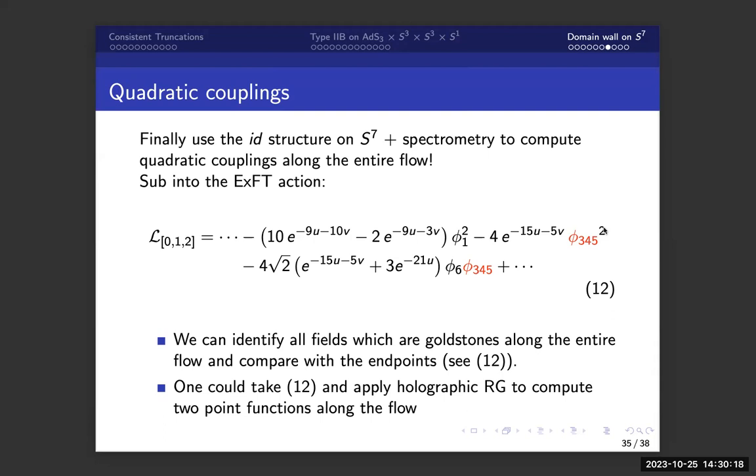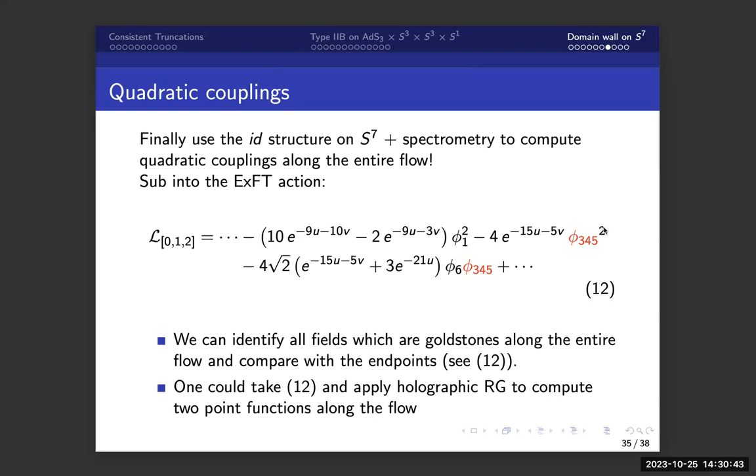Like I showed in the previous equation, you can take the background solution, perturb it by adding some fluctuations, and then if you plug your ansatz into the exceptional field theory action, that spits out for you a nice 4D-looking action, which has this kind of potential.